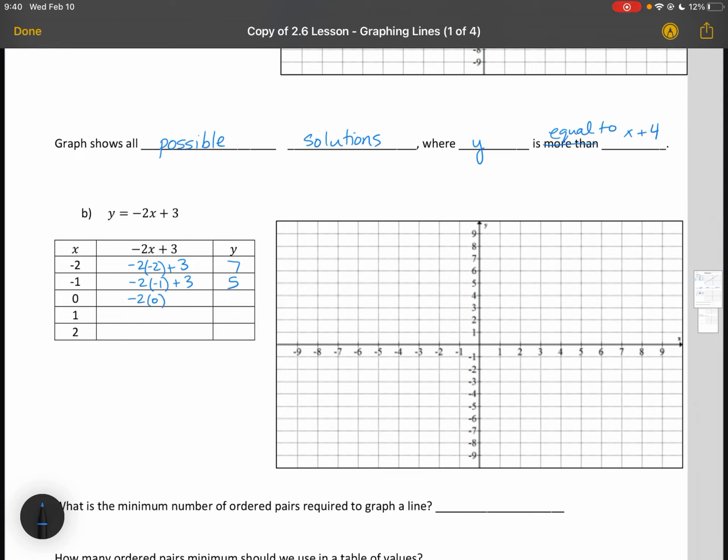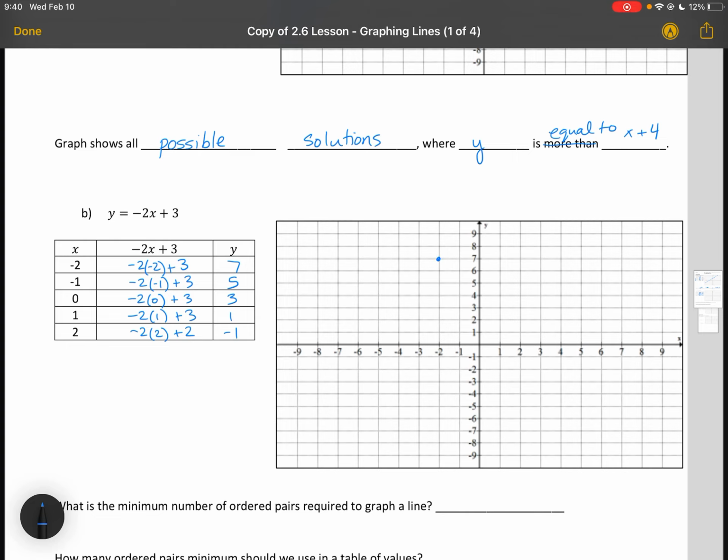Minus 2 times 0 is 0. Plus 3 is 3. Minus 2 times 1 is minus 2. Plus 3 is 1. And my last one, minus 2 times 2 plus 3 is going to give me minus 1. So I'm going to plot those on my graph.